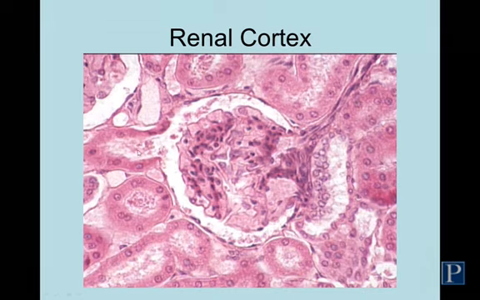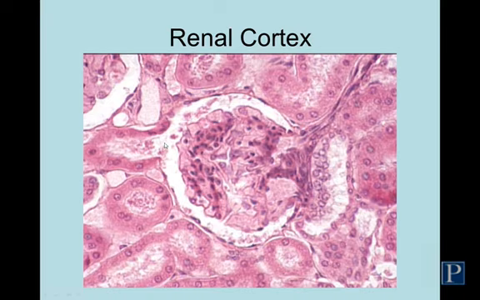You can see the lumen of the PCT is continuous with the lumen of the urinary space right here. Not in every section of a renal corpuscle are you going to see the lumens connected to each other, but sometimes you can. This region where the PCT attaches to the renal corpuscle is called the urinary pole of the renal corpuscle.